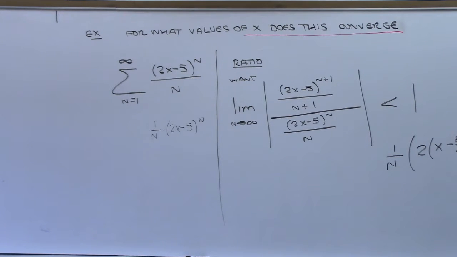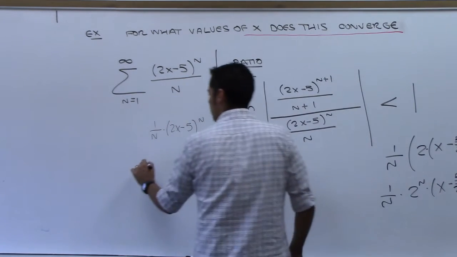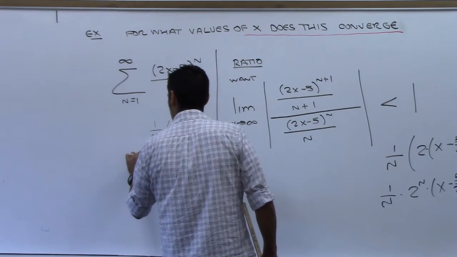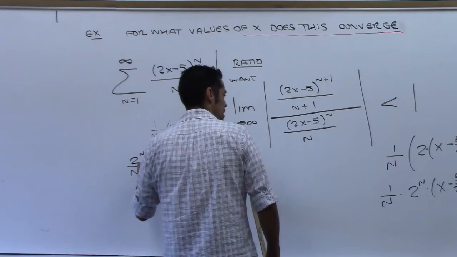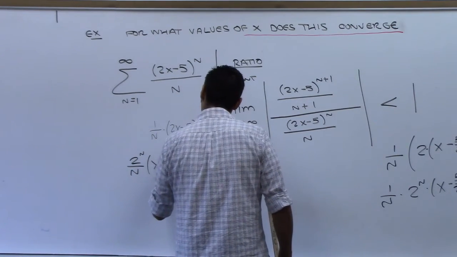Just distribute that through. And now this is multiplication. So can I put the n on the 2 and on this one? So this would become 1 over n times 2 to the n times (x minus 5 halves) to the n. Do y'all see that? And then I can put the 2 to the n over this. And so this is really 2 to the n over n times (x minus 5 halves) to the n.